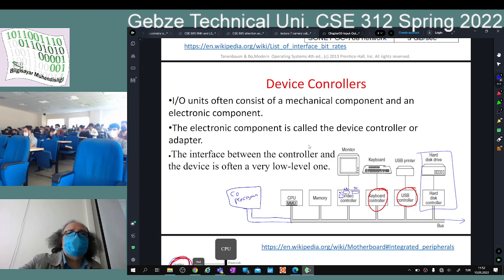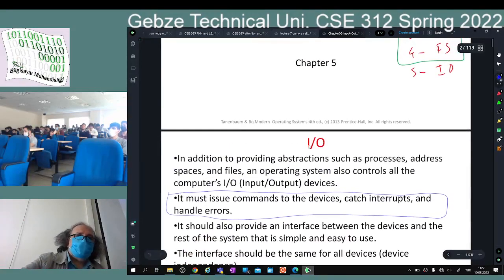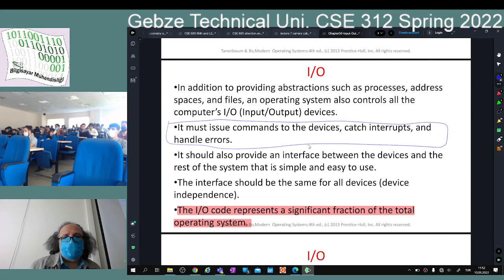So the main idea is, yes, I/O is simple, but there are many details, and we are going to look at them. Okay, and as the operating system, what is one of the main tasks? Hiding away the details of the hardware, abstracting away the details of the hardware, and managing all these resources. So operating systems are involved a lot in the processing of the I/O.